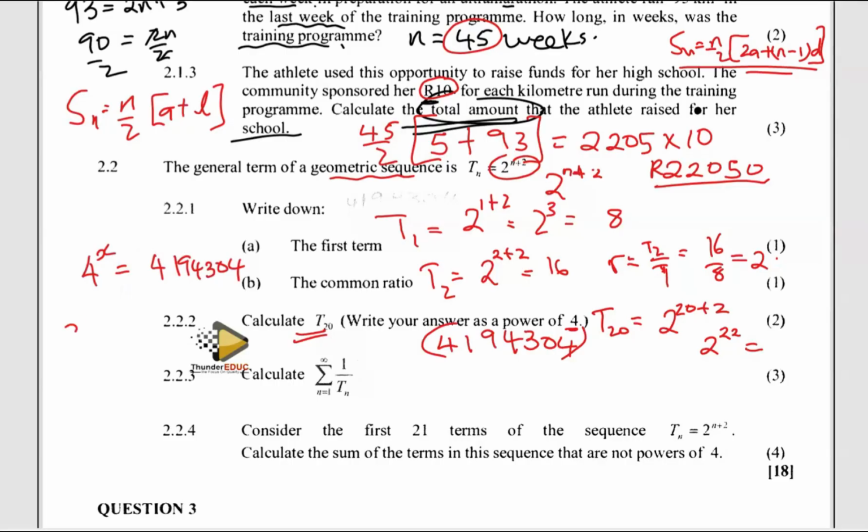So if you use your logs, let me just check this out. 4194304. Okay, so I can use that log formula, I'll put the base of 4, and then I'll put this number here from the calculator, and then I'm getting 11, meaning that this should be written as 4 to the exponent of 11.